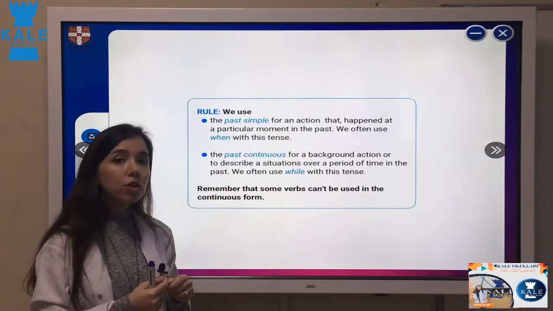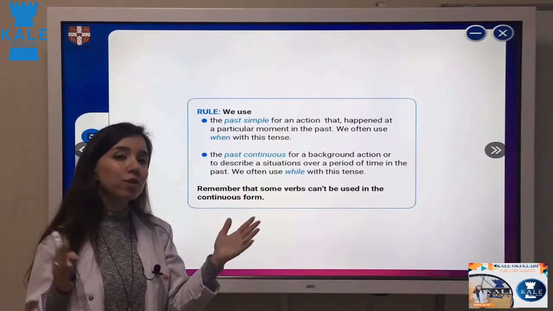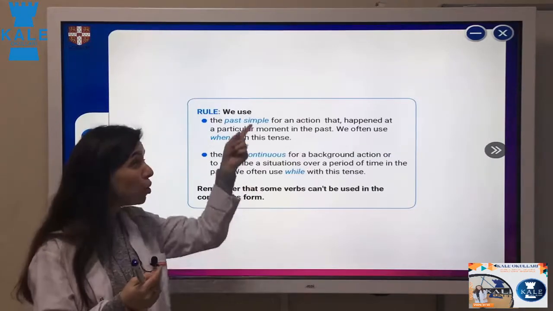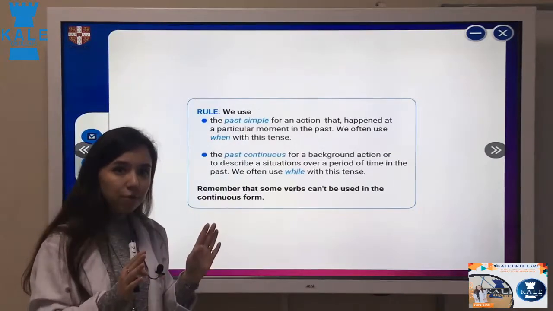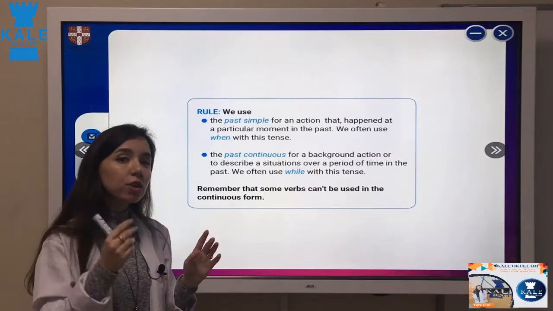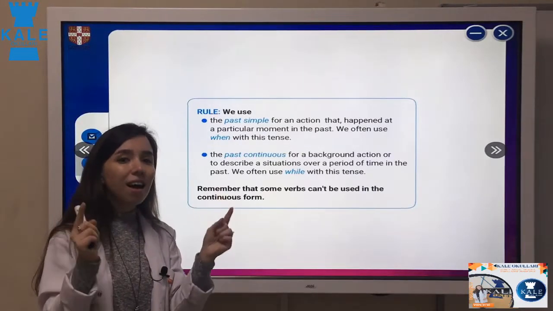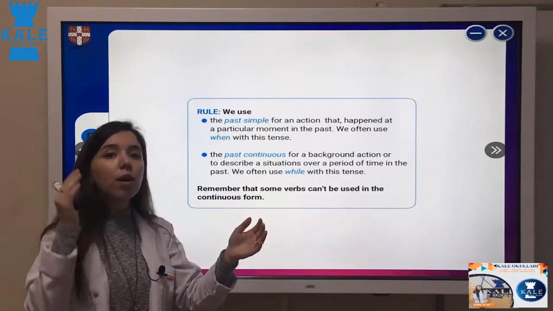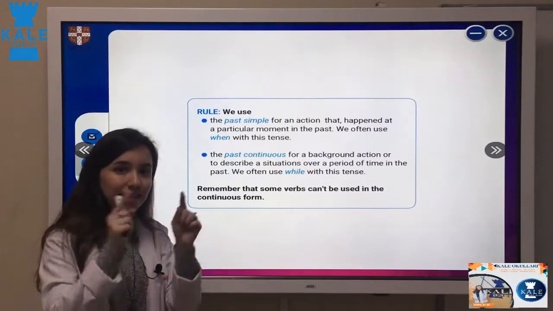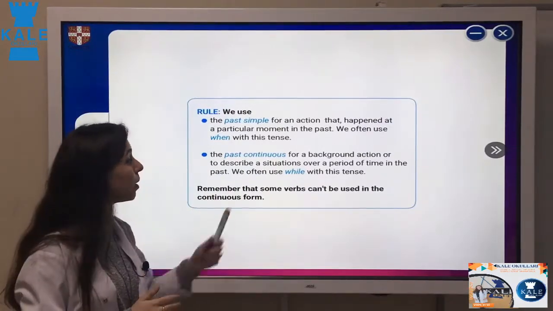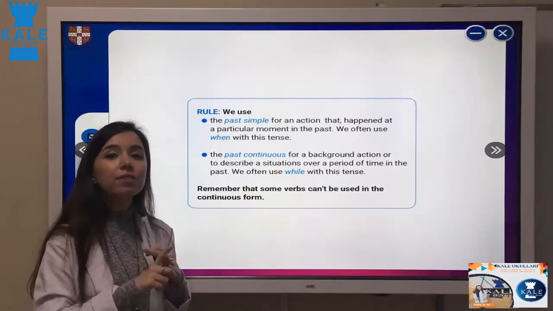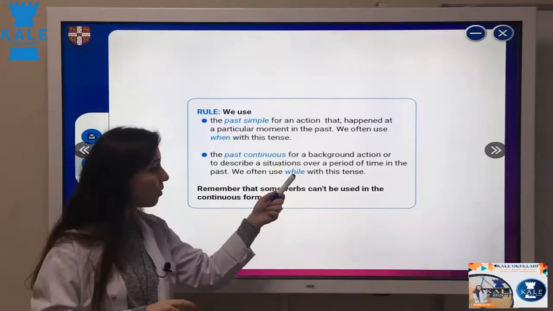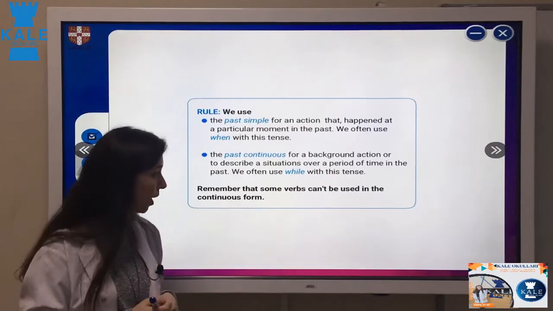And past continuous is for an action that continues a longer time. Yes, both of them in the past. Both of them finished, but past continuous took a little longer time. For example, from 10 to 10:30, from morning to the evening. Yes, it continues over a period of time. Because of that, we use was, were, verb and ing, and for past continuous, we use while.